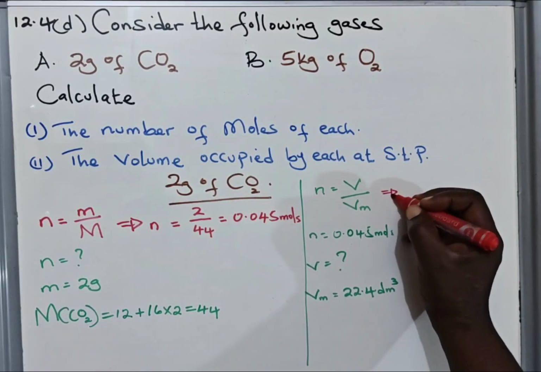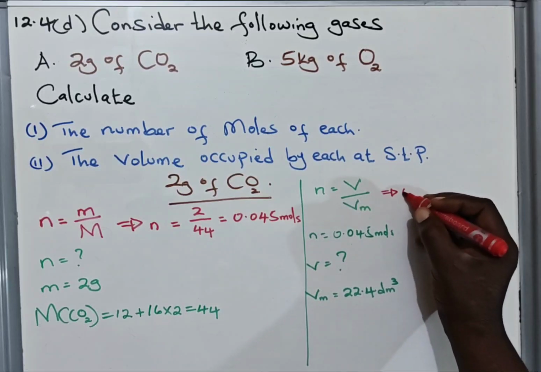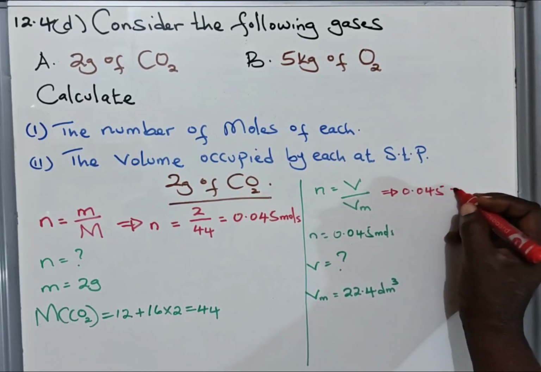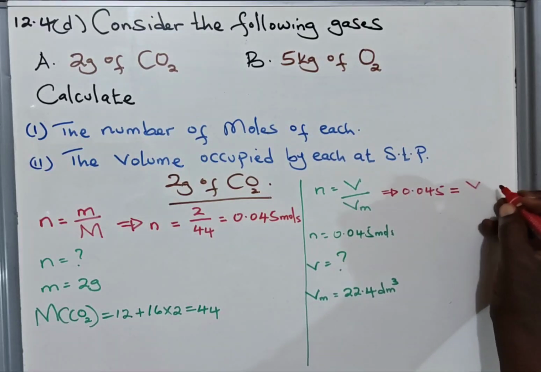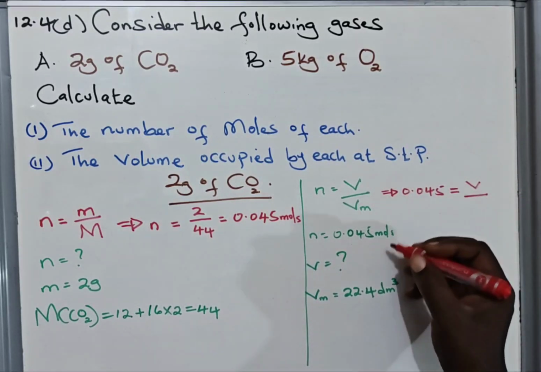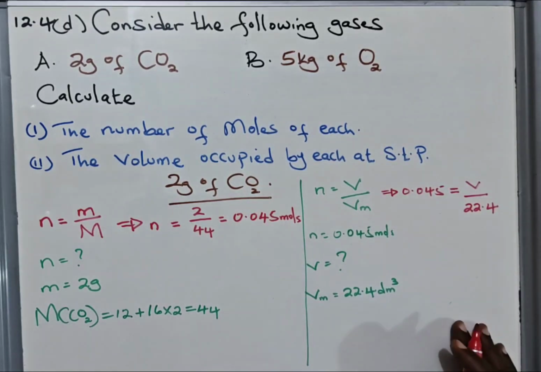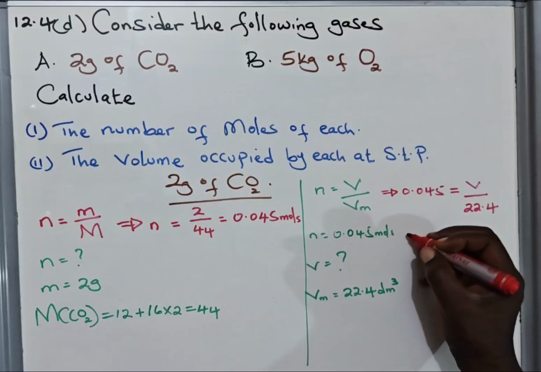In this case, our N is 0.045, and the volume is what we're calculating. But we know the molar volume, which is 22.4. How do you go about this? You cross multiply.